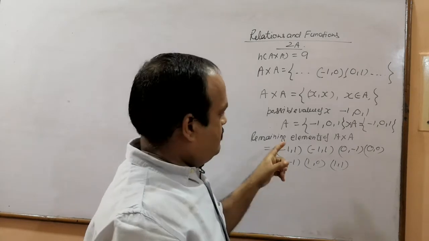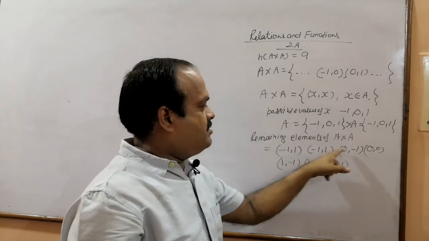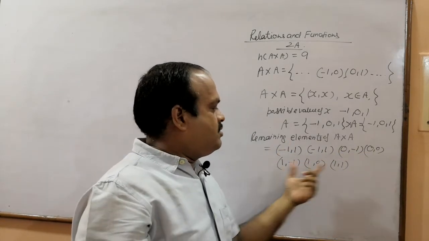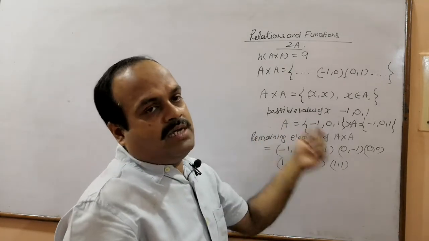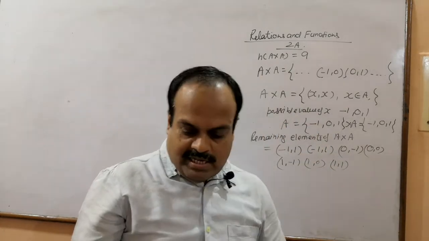So let's count, do we have 7 or not? 1, 2, 3, 4, 5, 6, 7. So these 7 elements are the remaining elements of A cross A.